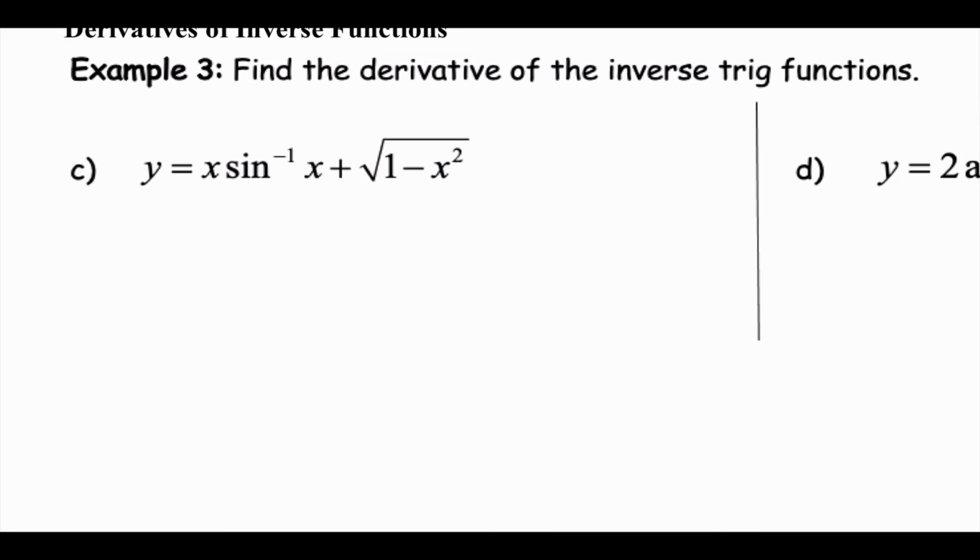C. All right. So I have x times the inverse sine of x plus root 1 minus x squared. So it's got a lot of stuff going on here.